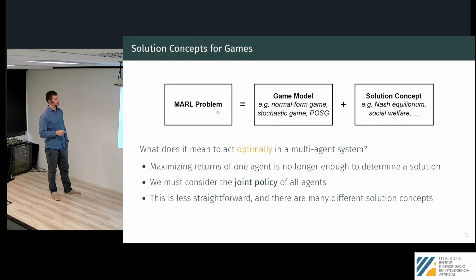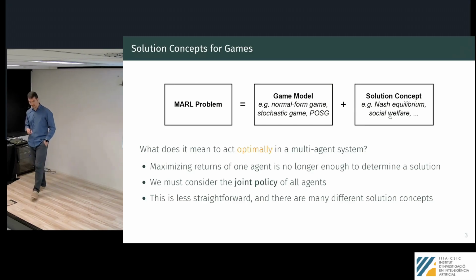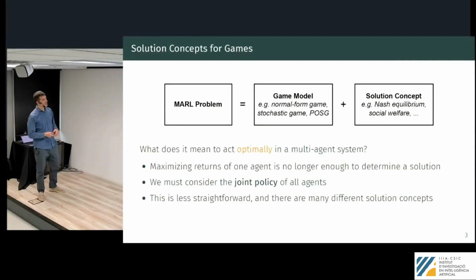So a multi-agent RL problem is defined as a combination of a game model, such as a normal form game, a stochastic game, or a partially observable stochastic game, these things that we introduced yesterday. And you combine that with a solution concept that you actually want to learn. For example, a Nash equilibrium, Pareto optimality, social welfare, and various other concepts that we'll be talking about today. So the combination of these two things describes a multi-agent reinforcement learning problem.